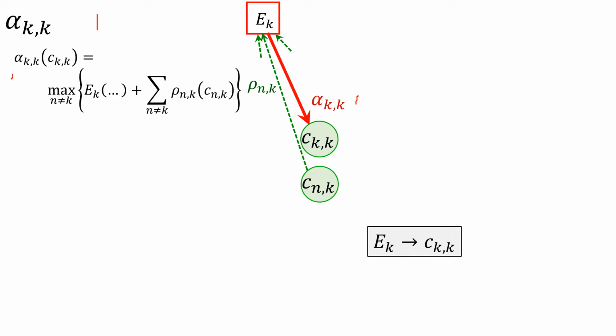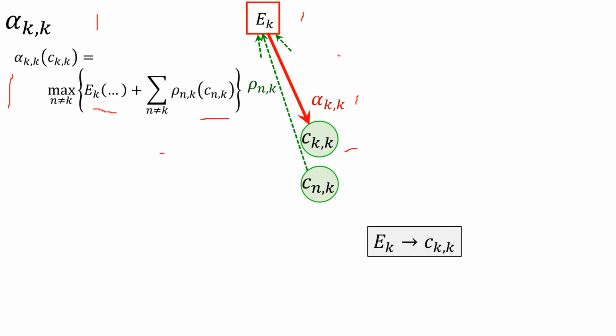So alpha kk is given by this expression. It's the maximum over all n's except k itself of this function ek, which is over all variables, including k itself, ckk, and this summation of the incoming messages from all other n's except k.